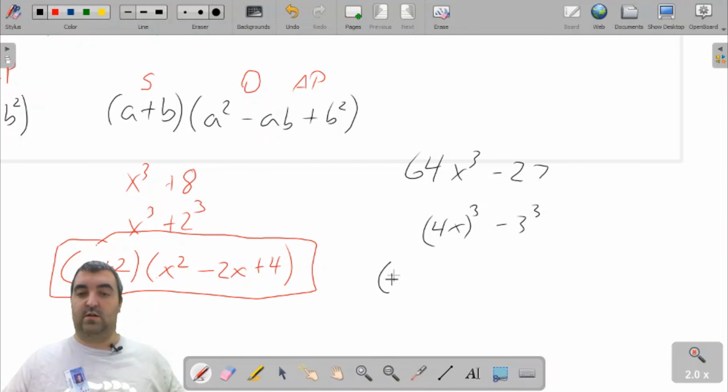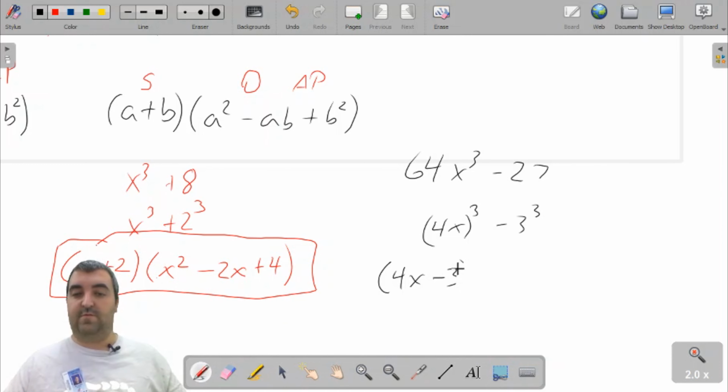So it's going to be 4x, same sign, so 4x minus 3, and then 4x squared, which we want to square both things.